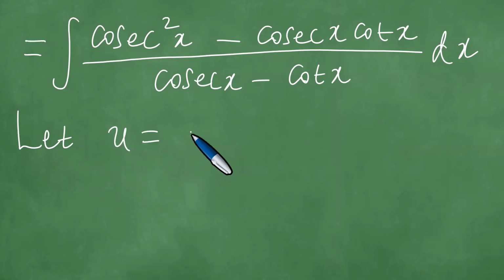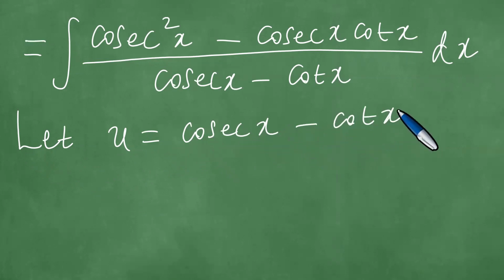We let u become the cosecant of x minus the cotangent of x. And we proceed to then find the derivative du dx.